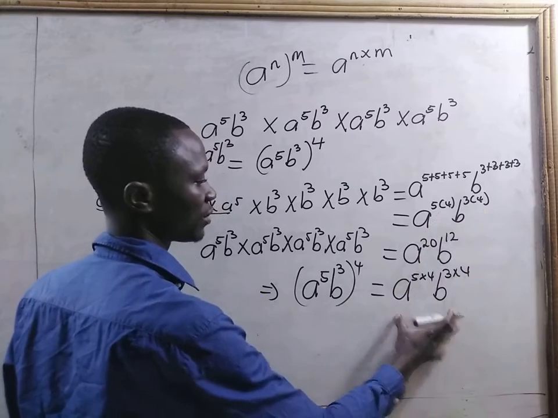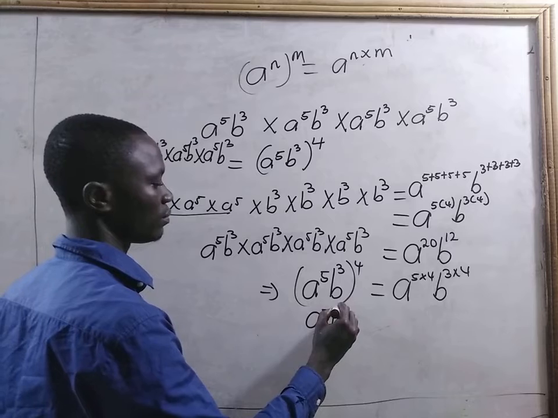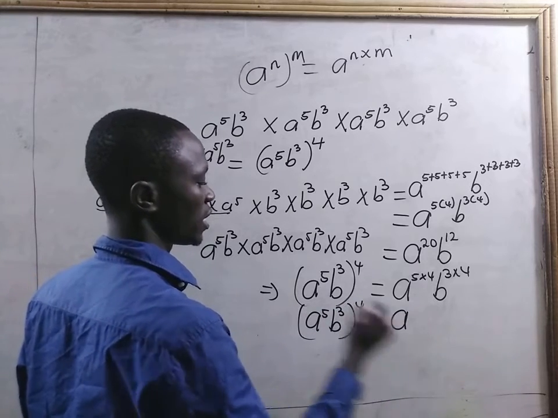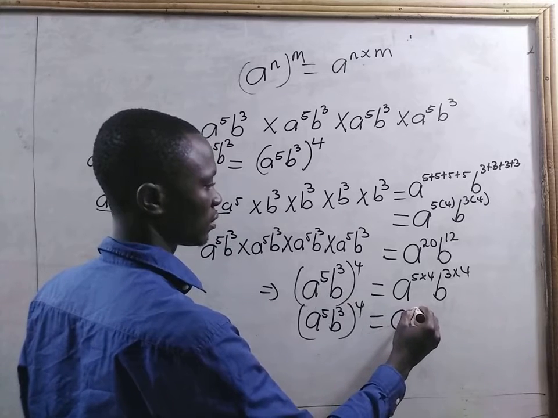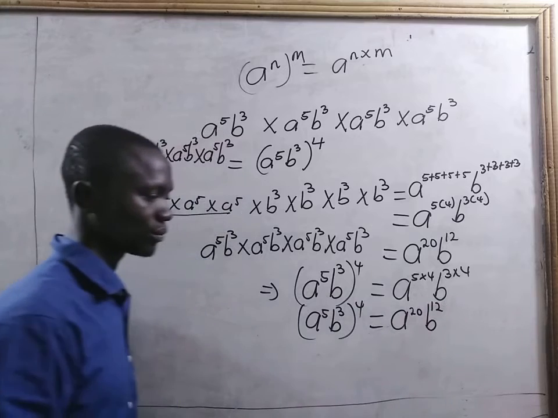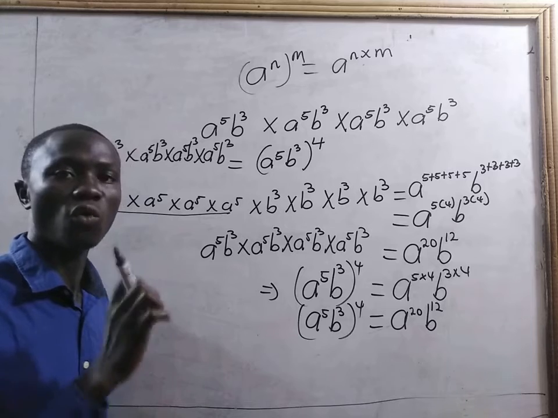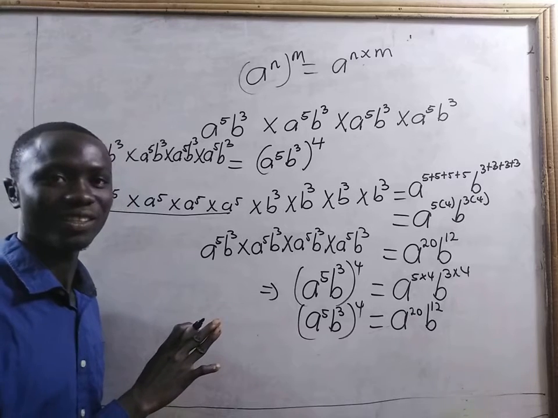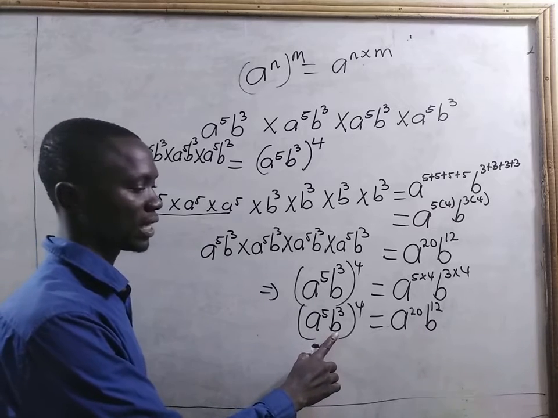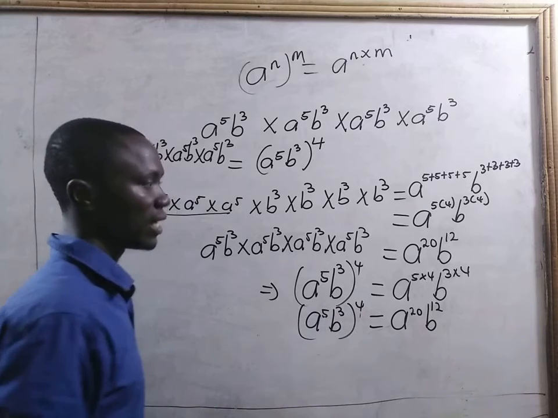That is what we have here. And it will be a exponent 5, b exponent 3, to the exponent 4 equal to a exponent 20 times b exponent 12. And this gives us the power of a product rule. So you see that this one is multiplying this. So the 5 will multiply the exponent and the 3 will multiply the exponent.